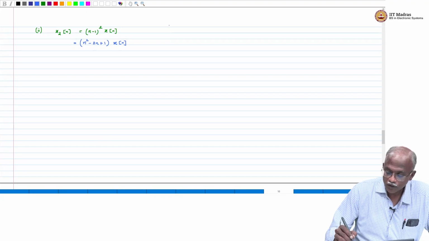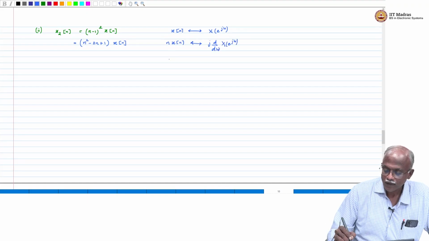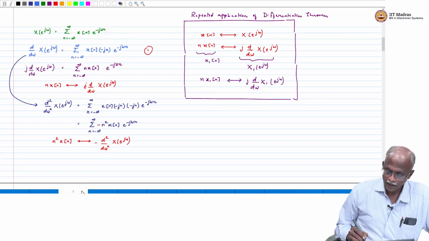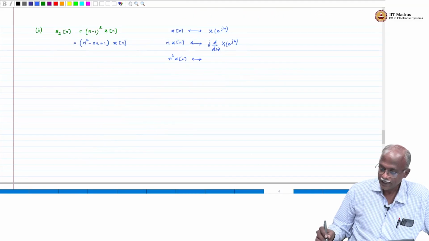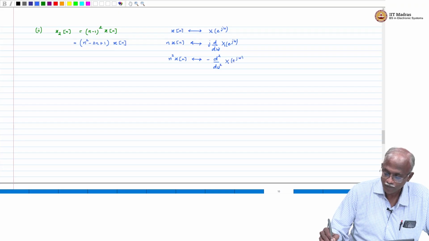Now, we know the following results. x of n has a DTFT which is x e of j omega. n times x of n is given by j times d by d omega of x e of j omega, and n squared times x of n, which we derived just at the start of the class, if you remember, is minus d squared by d omega squared of x e of j omega.